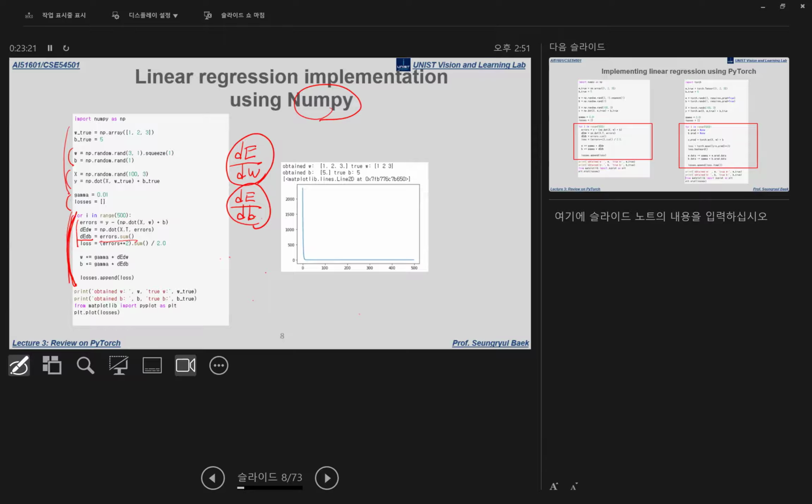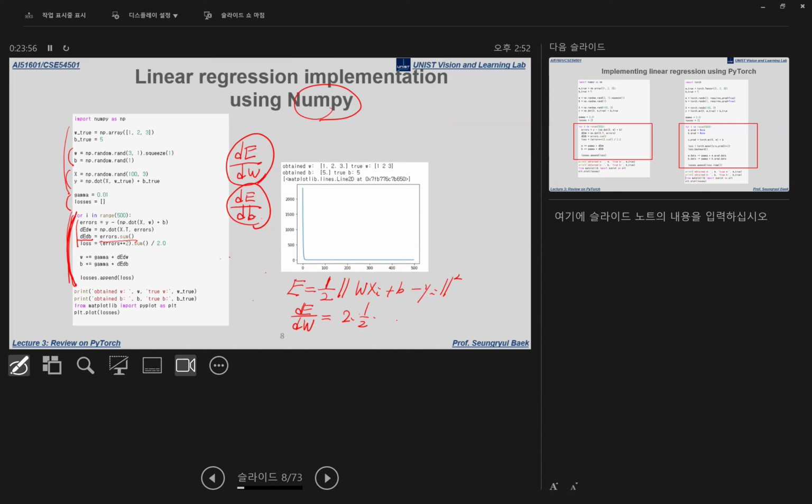So this is the loss function, but normally we multiply some 1/2 to this loss, and we can denote it as E. Maybe you have to calculate it by yourself like this.